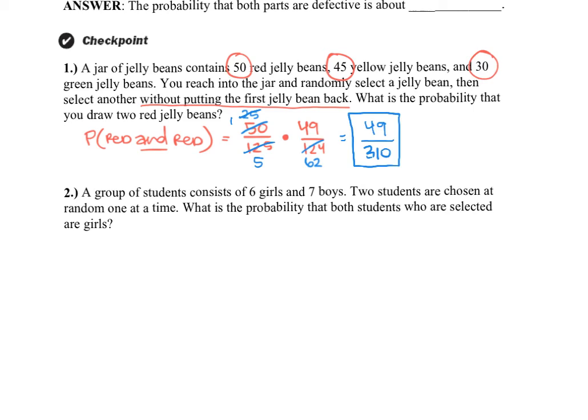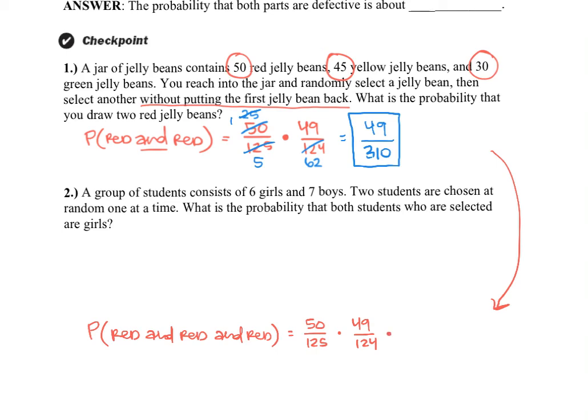Okay, well, I'm going to come down below here. So I could take this as the probability of red and red and red. This would be 50 over 125 like we had, times 49 over 124, and then we'd want another red one.